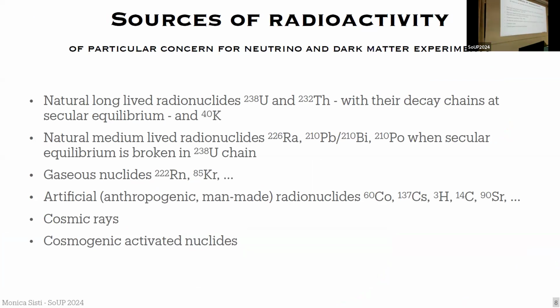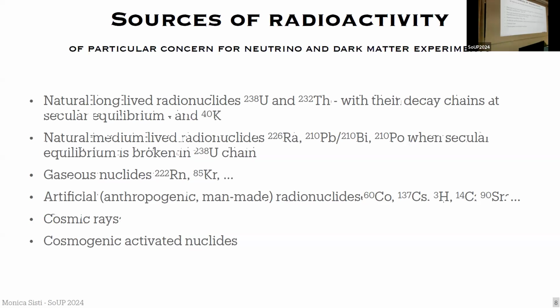Why this? Because they have half-lives that are of the same order of the age of the Earth. So they are present since the Earth formation, and until now they could decay only once, because uranium has 4.5 times 10 to the 9 years, thorium has about 10 to the 10 years, and potassium-40 is also on the order of 10 to the 9 years.